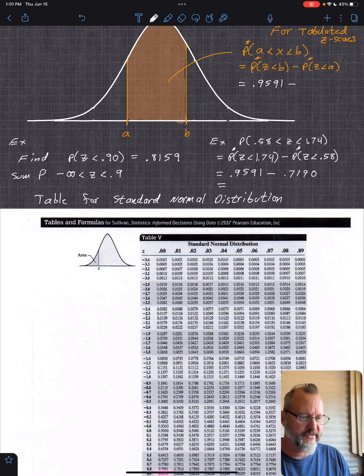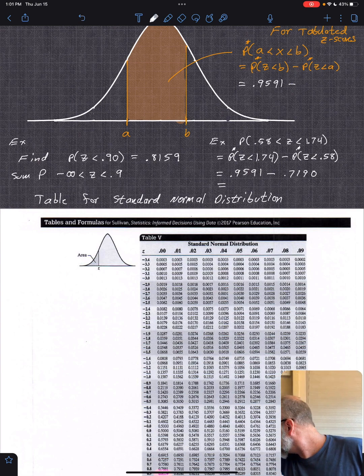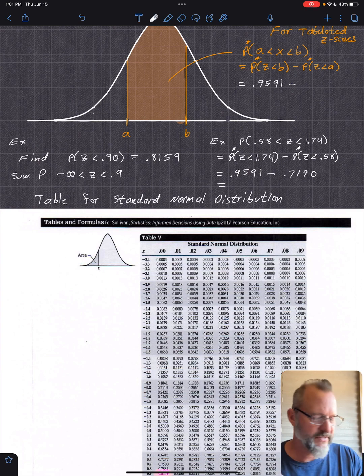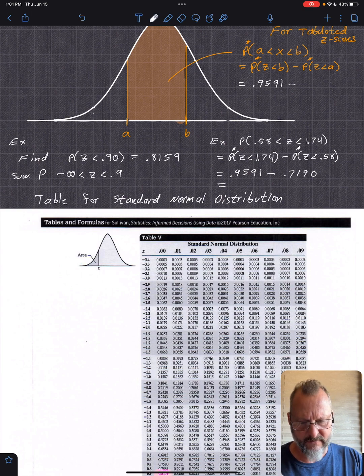So we get our calculators out. I don't see my four-function calculator around here. I use this one on my little iPad. Where is it? Okay, so you got 0.9591 and then 0.7190.